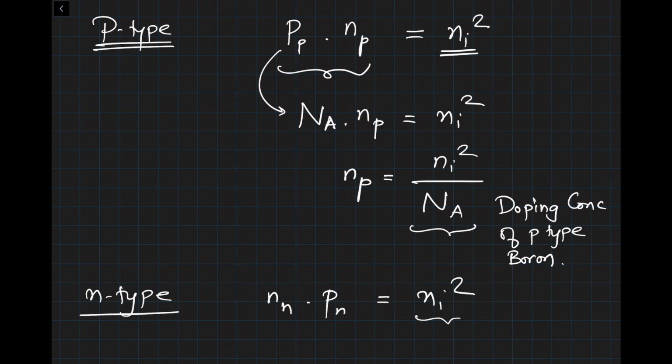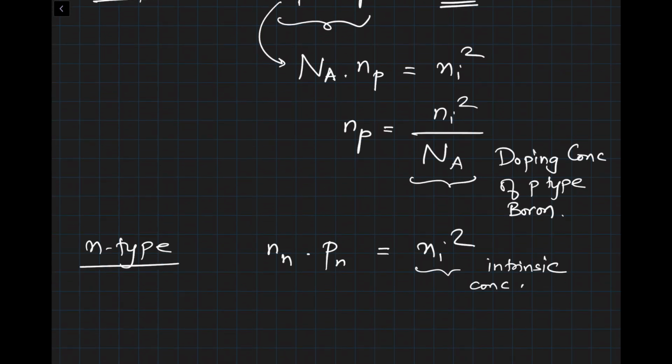This one is still the same intrinsic concentration, which depends on the temperature, and the minority hole carrier concentration is given by n_i squared divided by N_n. What is N_n? That is your phosphorus doping, which we call the donor, N_d.